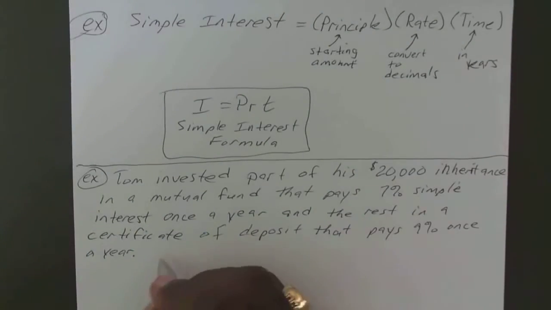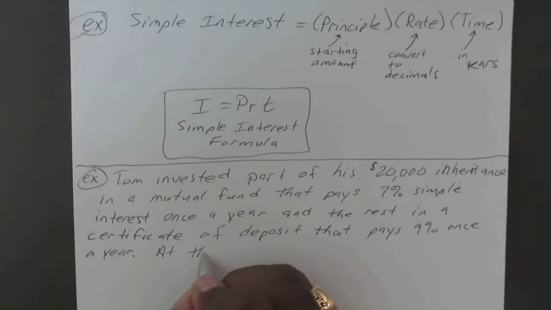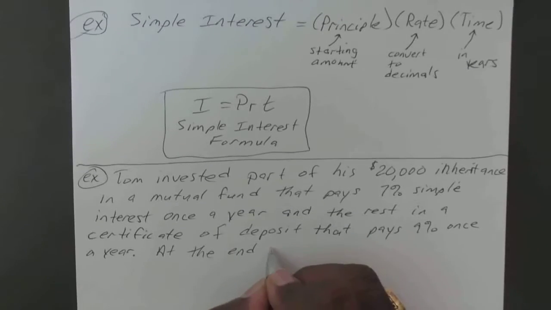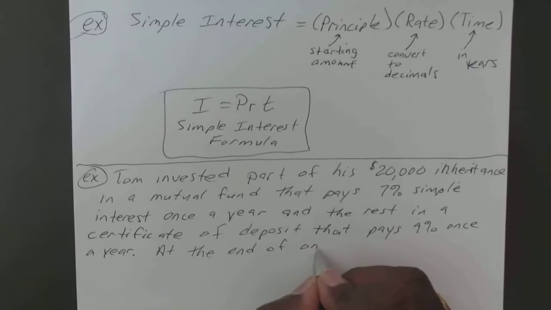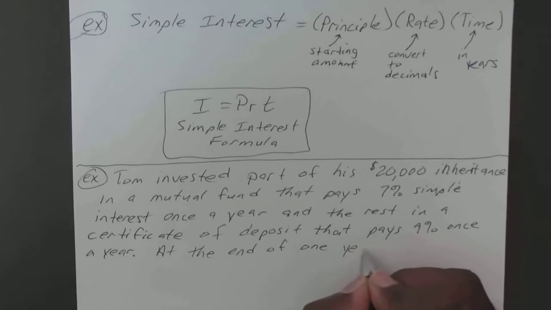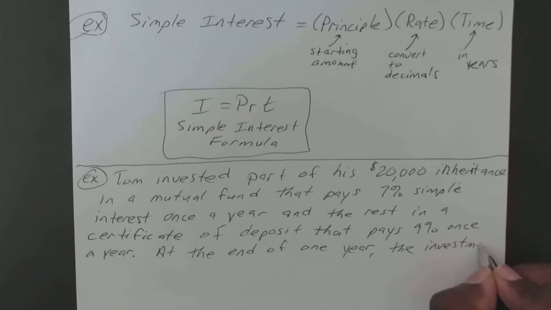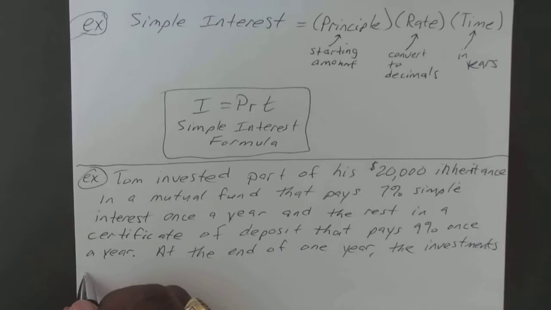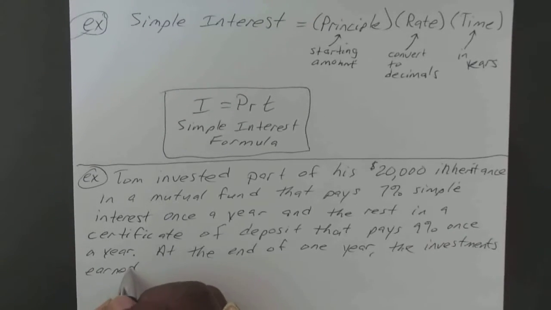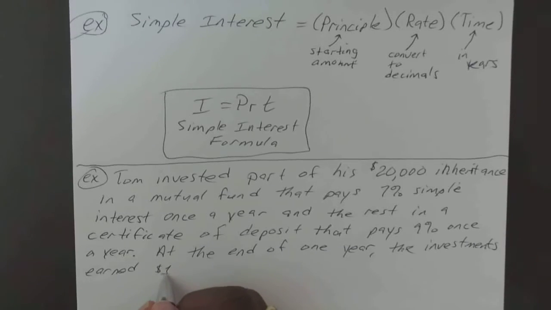So at the end of 1 year, the investments earned $1,550. You want to find how much he invested into both of those interest rates.